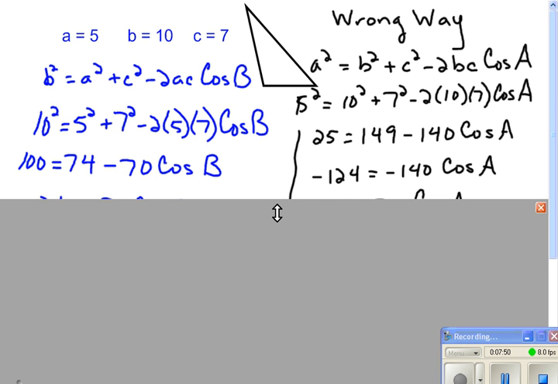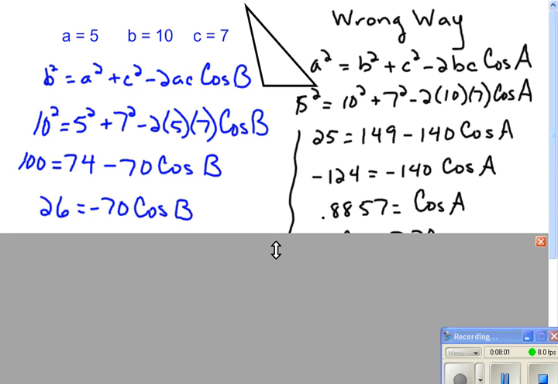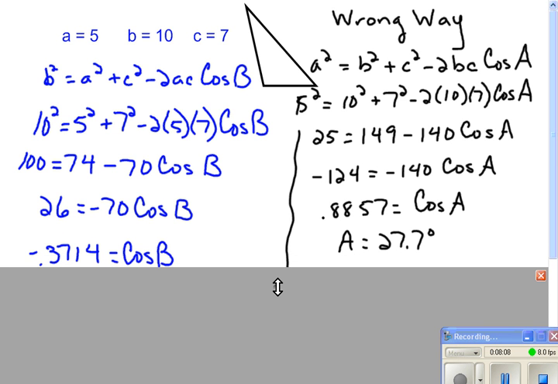When I subtract 149 on each side, I get negative 124 equals negative 140 cosine A. When you divide, you get 0.8857 equals cosine A. Therefore, taking the inverse cosine function, you would get A is 27.7 degrees.